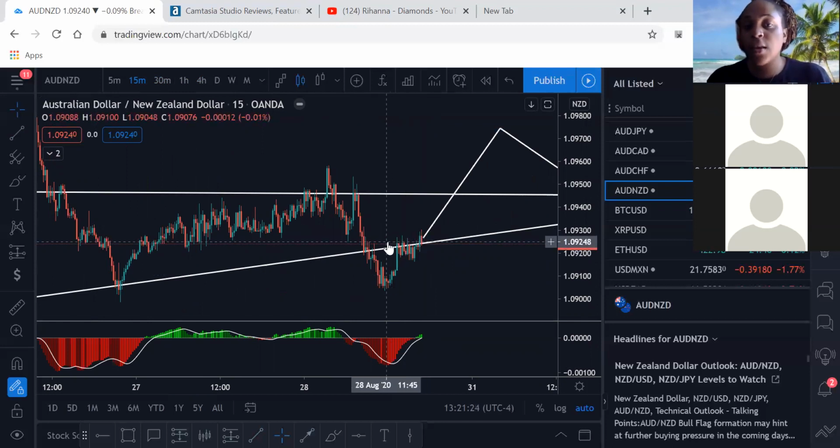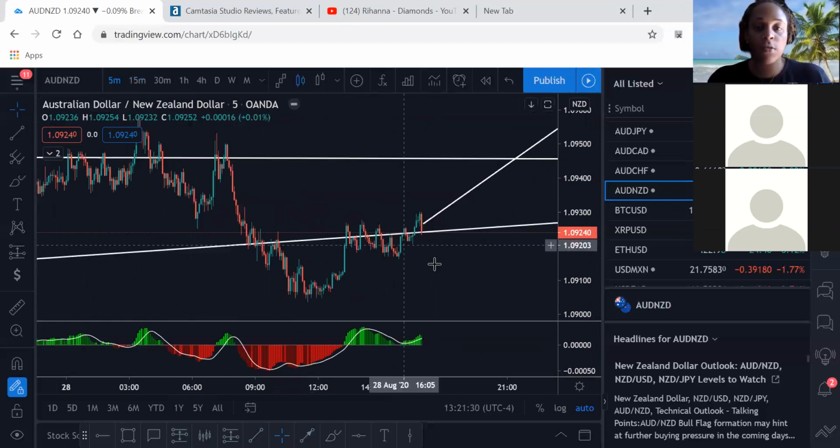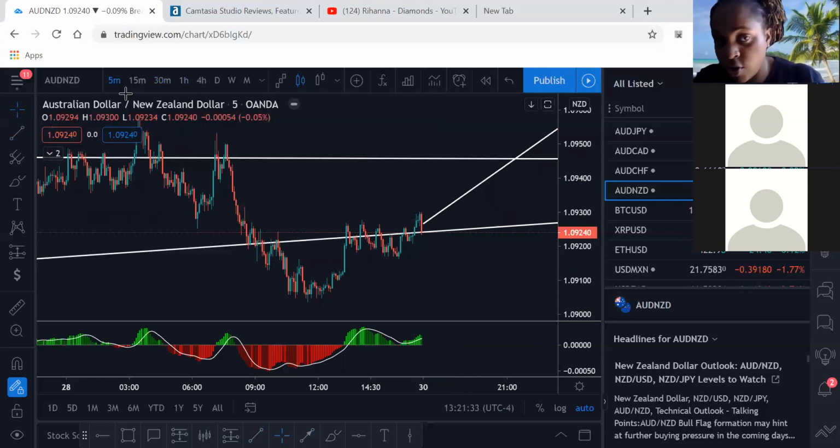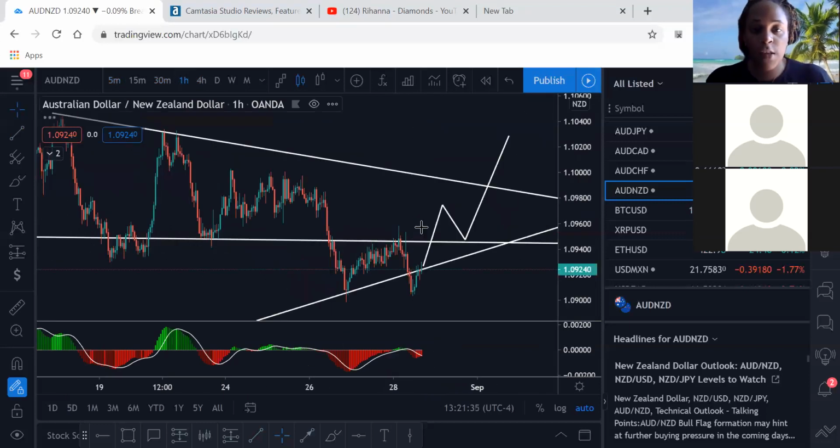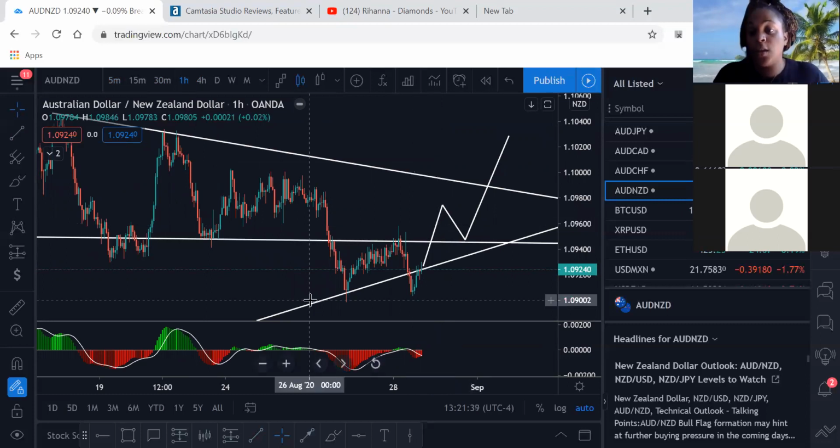So this could be something you could start to take from Sunday. I'm not really in favor of trading Sundays, but we'll see how it shapes out because I expect this to move. If we don't do it on Sunday, we would definitely get into it during the session tomorrow.